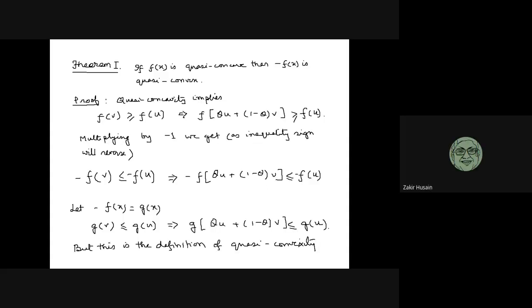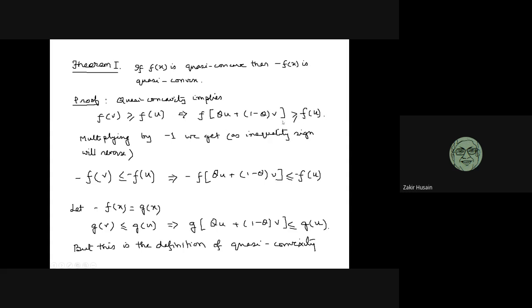Okay. So the first theorem, theorem 1, linearity, that if you have a linear, no, sorry, the first theorem is not linearity. It's that if f(x) is quasi-concave, then if you multiply by minus 1, minus f(x) will be quasi-convex and vice versa. Now quasi-concavity implies f(v) is greater than or equal to f(u). If you start from this, then this implies that f of theta u plus 1 minus theta v is greater than or equal to f(u).